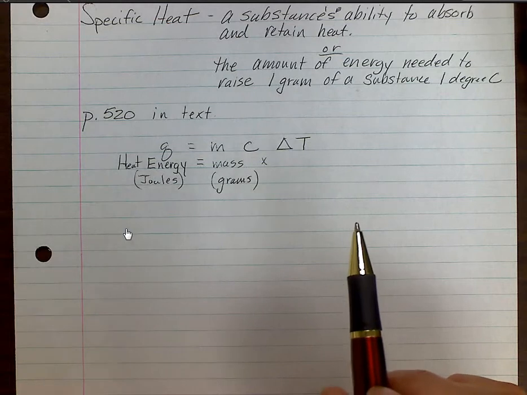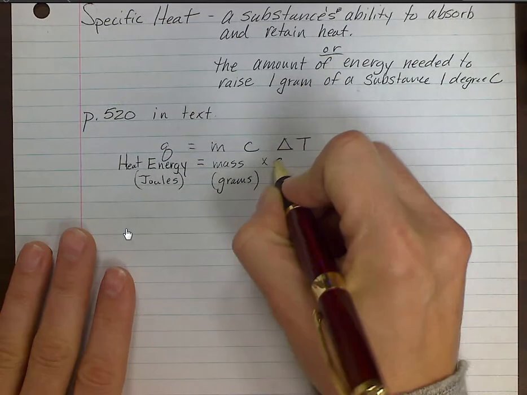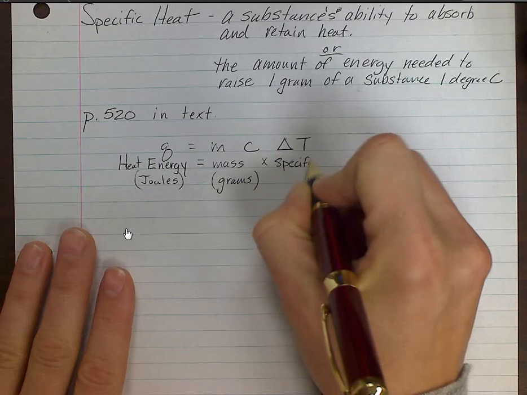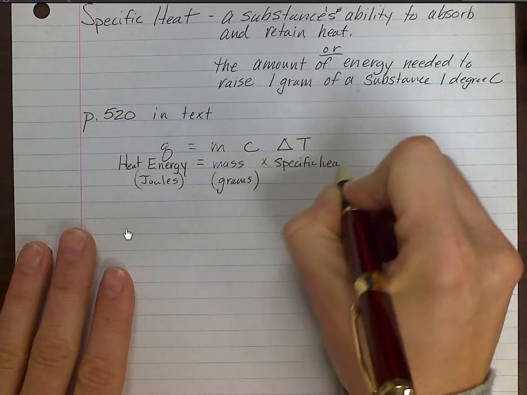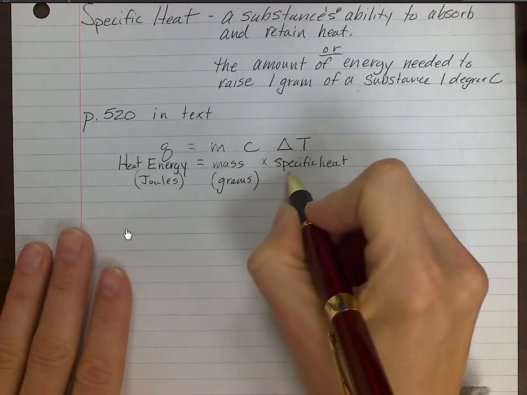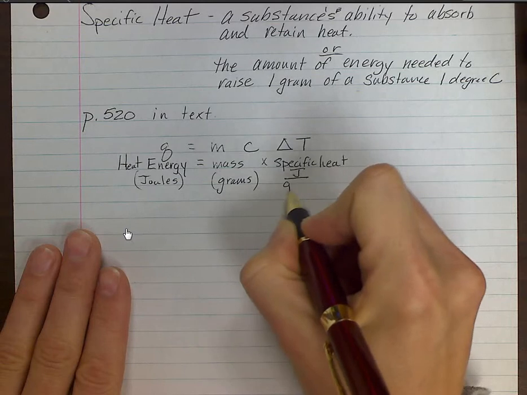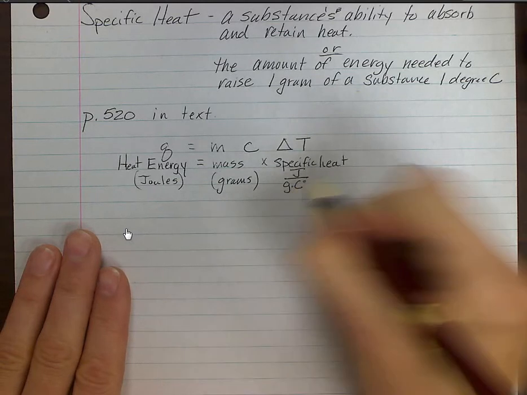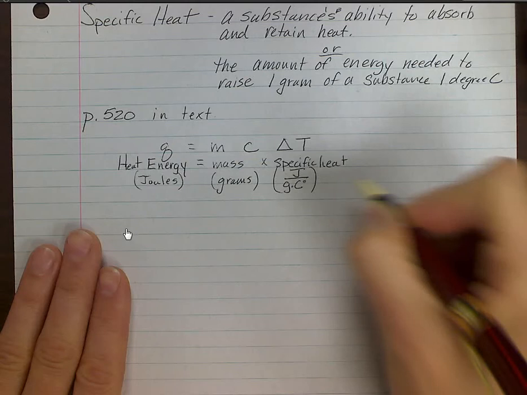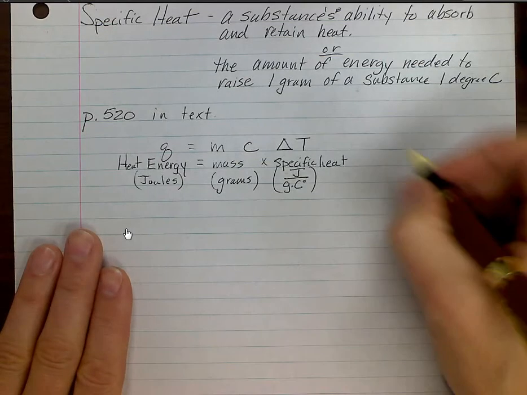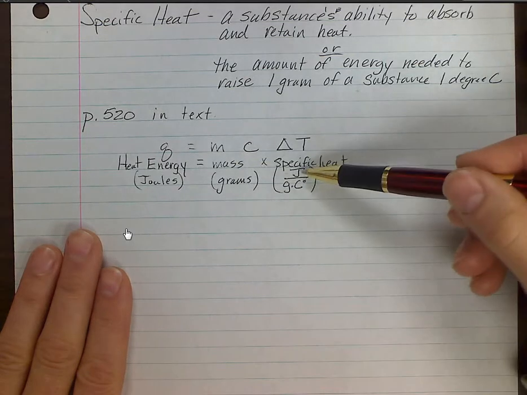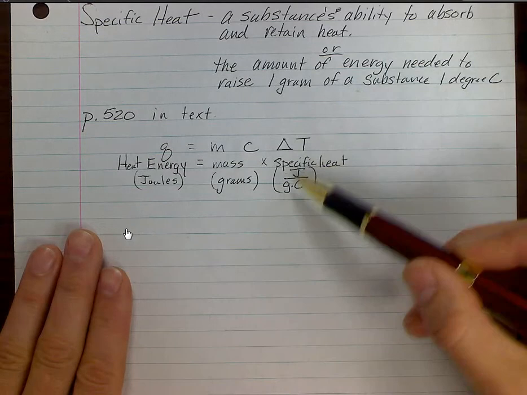C is specific heat, and that's measured in joules per gram times degrees Celsius. Looks like kind of a crazy unit, but that's what it is. It's how much energy is required to raise 1 gram of a substance 1 degree Celsius.